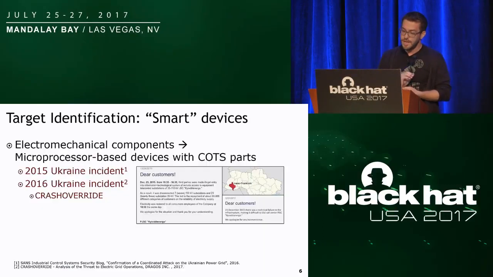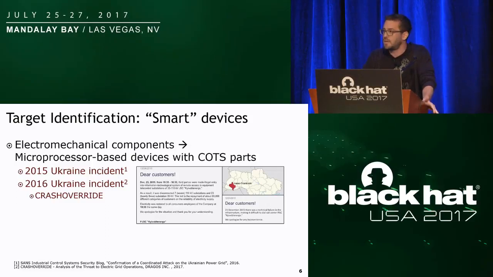On that part, I only want to deliver two points. The first point is that cybersecurity for industrial control environments has increased attention because of the increased attack surface caused by the presence of more and more smart devices. In the past, we had mostly electromechanical components. Now we're moving to devices that are microprocessor-based, and they're built with commercial off-the-shelf parts.